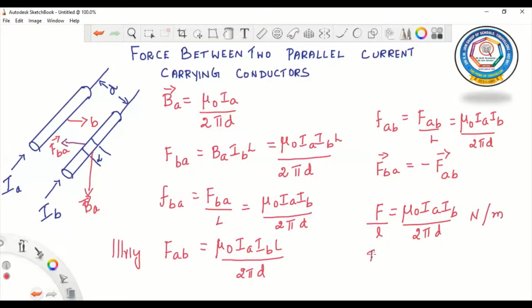Let us assume IA is equal to IB is equal to 1 ampere and the distance d is equal to 1 meter.